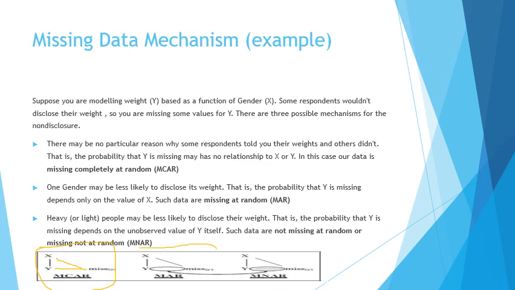In missing at random, the X variable takes part in the missingness of your Y variable, and in the third, missing not at random, here Y is also taking some part in the missingness of your data.